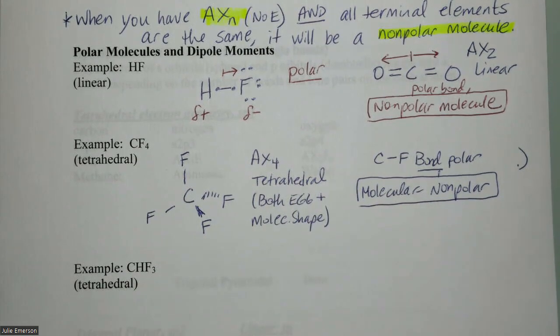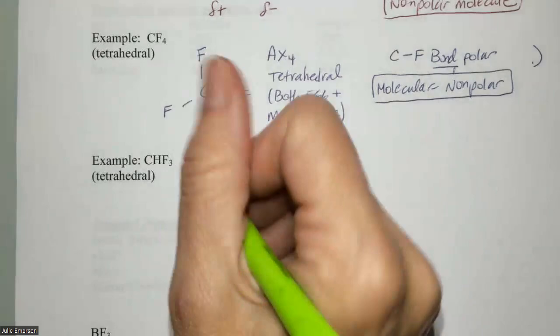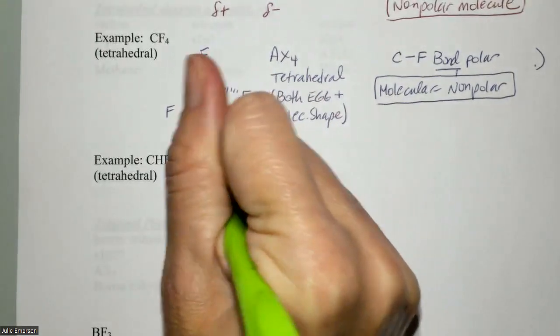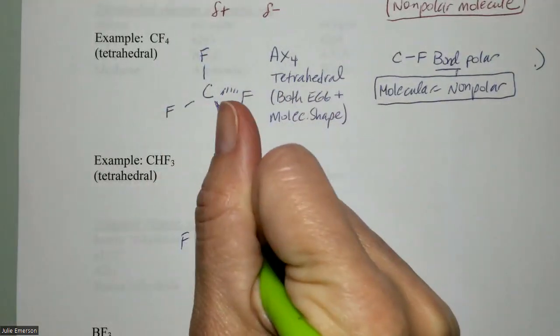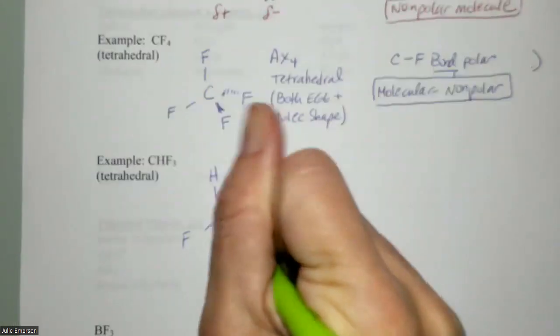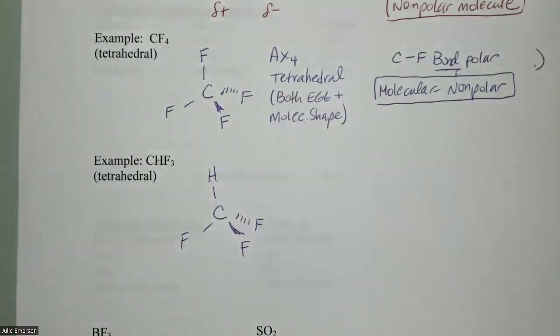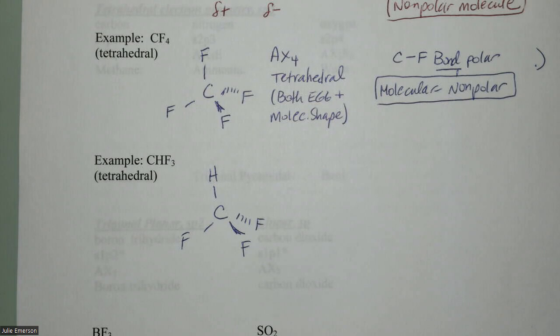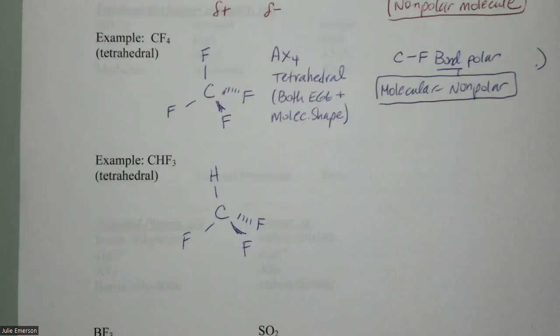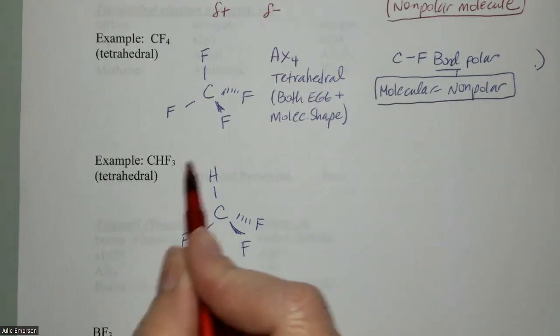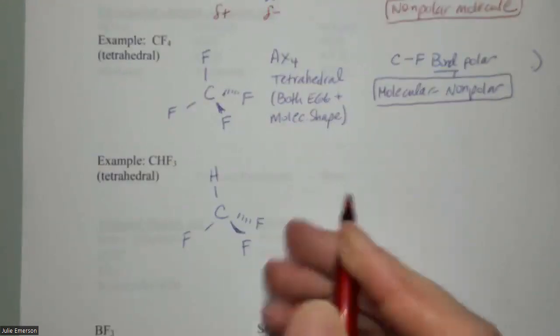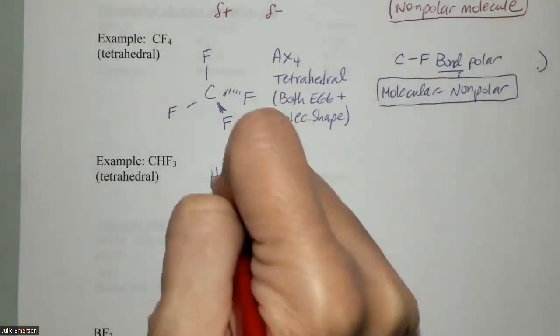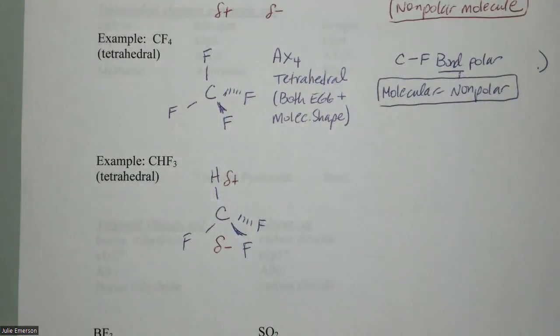Okay, so this is the one I was talking about. If I have the CHF3, the hydrogen pulls up, but those fluorines, they pull down and out with much more force, right? Because fluorine is our most electronegative element. So what'll end up happening is if you were to look overall at this molecule, you would have a negative end and a positive end, right?